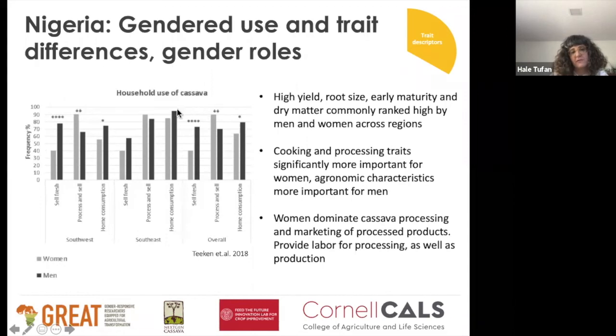But what we then did is we broke this down and disaggregated by region in addition to sex. And what you see is that effect is really coming from the southwest of Nigeria, whereas in the southeast, the picture is very different. And you can explain this because in the southeast, women are called cassava queens. So they're very involved in marketing of cassava in any form. Whereas in the southwest, men and women are engaging in cassava markets differently. So we can't make broad brush generalizations for the whole country. So that was the lesson learned there.